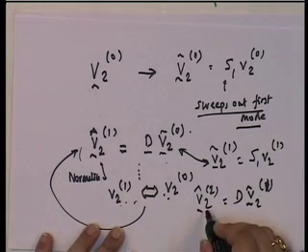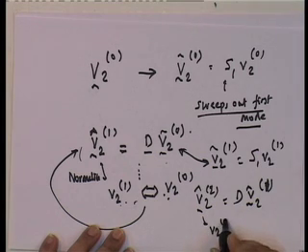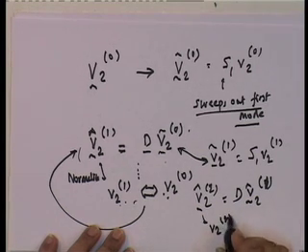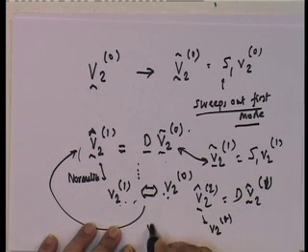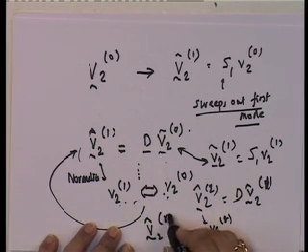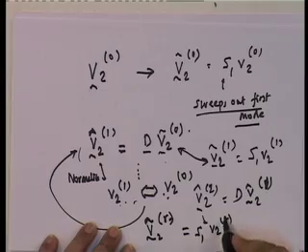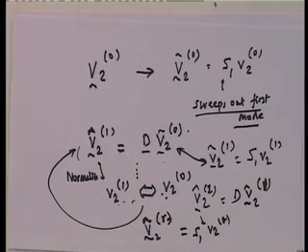Every time you get a new vector V2 R, you should sweep it. All the time you should sweep it, every time, before you put it back into the iteration.